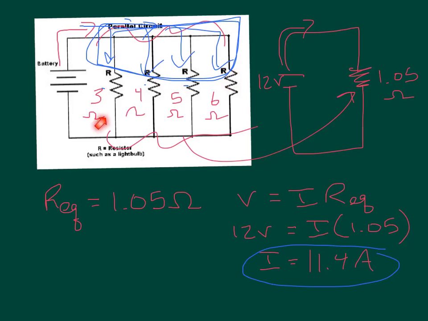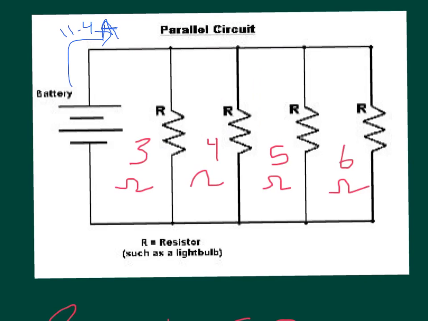So for this one, V equals IR, 12 equals I times 3. So this one has 4 amps going through it. Let's find a color that won't interfere with everything. So through this first resistor, we have 4 amps going through.